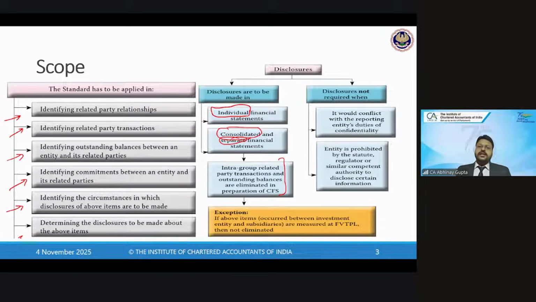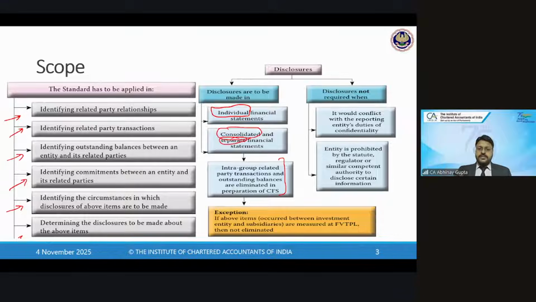But the standard Indias 110 comes into play and says that the core objective of these mutual fund companies, asset management companies, insurance companies, or investment companies, PMS, venture capitalists, whatever the investment company is, is not to drive the strategic decisions of that company or do the active management of that company.